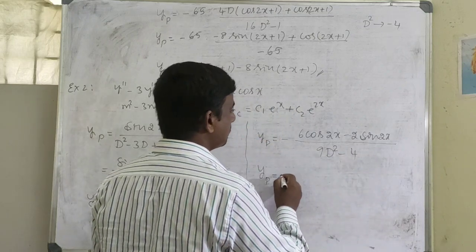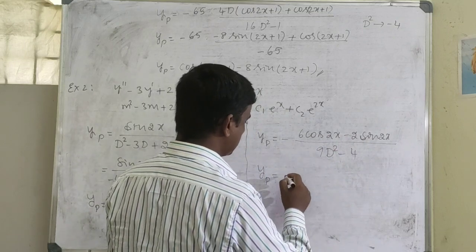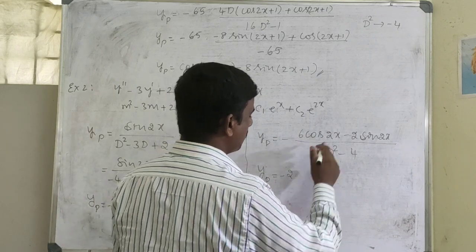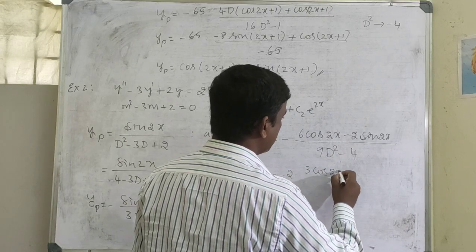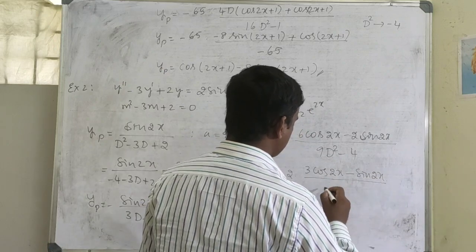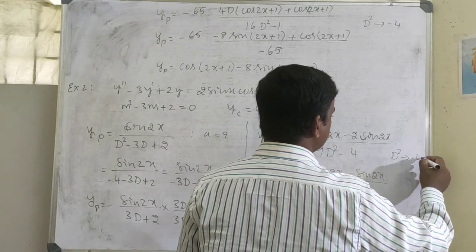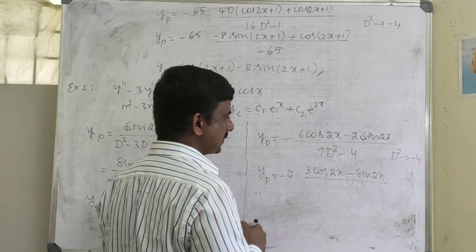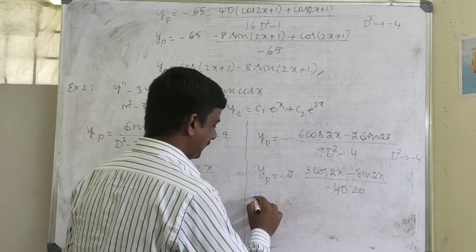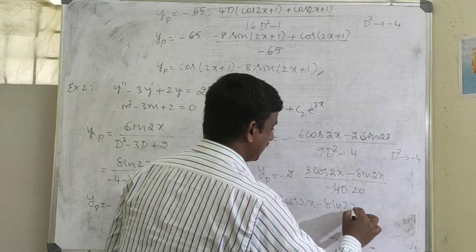So for yp, I can take minus 2 or plus 2 outside, let us take minus 2. So minus 2 into 3 cos 2x minus sin 2x divided by 9 into d square. D square I have to replace by minus 4. So minus 36 minus 4, that is minus 40. So yp is 3 cos 2x minus sin 2x divided by 20.